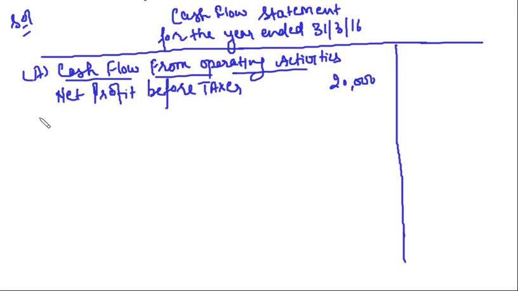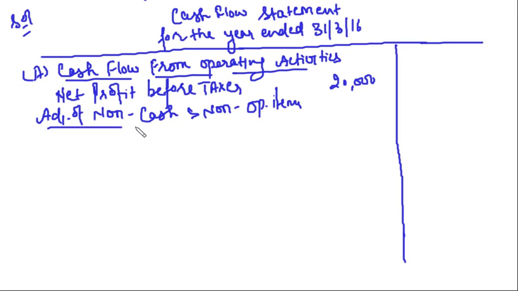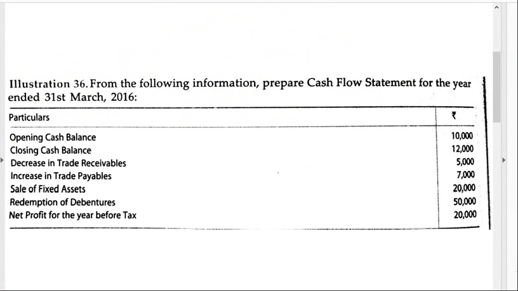Clear? Then what we do is adjustment of non-cash and non-operating items, isn't it? This is the second thing in this. First is net profit, then from this net profit we adjust non-cash and non-operating items. Now let's see if you have any non-cash and non-operating items.